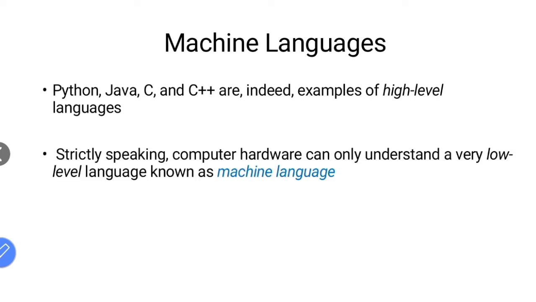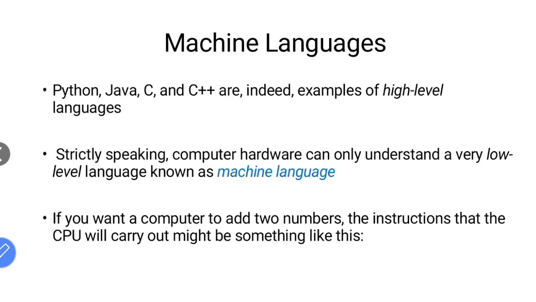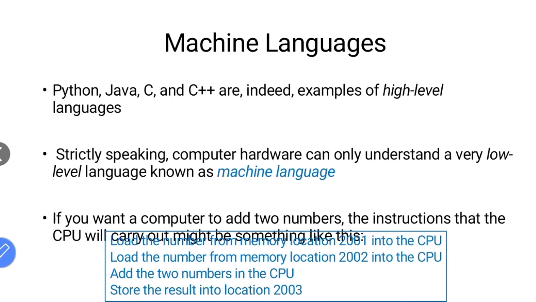Strictly speaking, computer hardware can only understand a very low level language known as machine language. That is 101. If you want a computer to add two numbers, the instructions that our CPU will carry out might be something like this. Load a number from a memory location into the CPU.